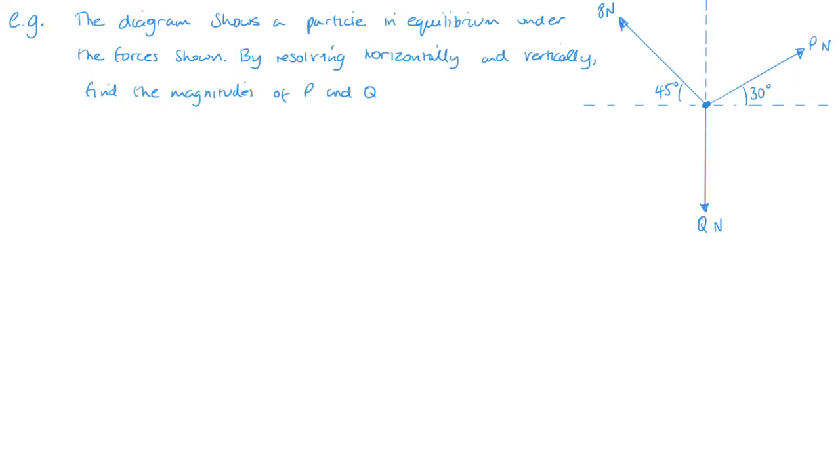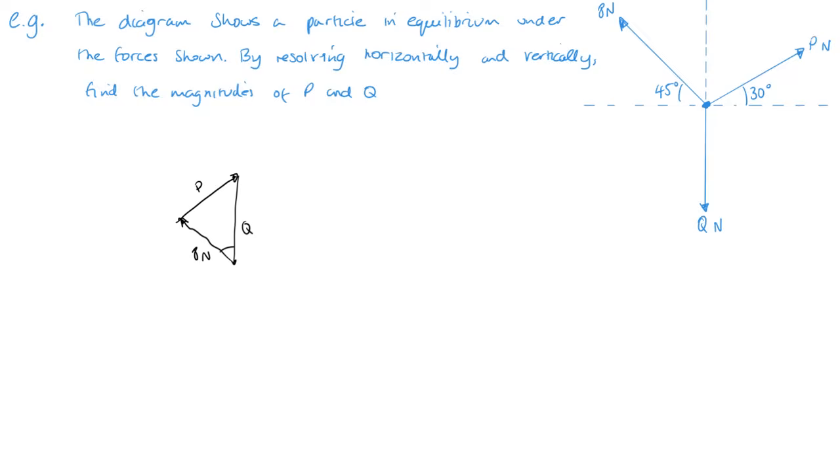Method 2 would look like this. This would be my P, my Q would be straight down, and then my 8 newton one would be like that. Now all that's left to do is find my angles.